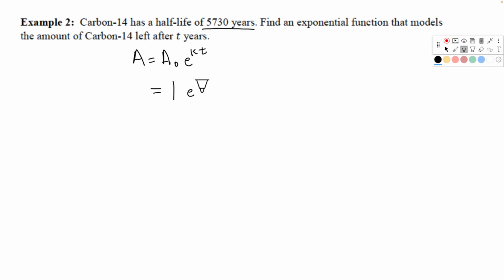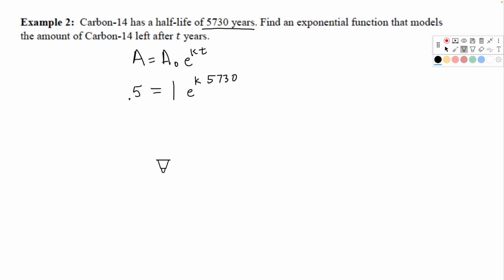We have e to the k. And then if we know what's going to happen in 5,730 years, we're only going to have half. Right? What's half of 1? 0.5, or 1/2 if you want to write it as a fraction. I like decimals. Good. So this is a setup we could do. Now you could have said you started with 2 and then you end with 1. Or 10,000 is what I started with, 5,000 is what I ended.